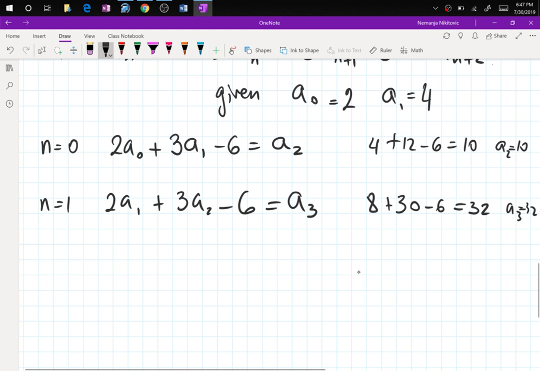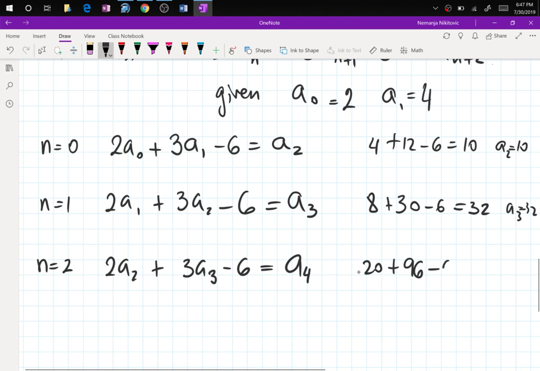And the last one I'm going to calculate because I'm bored now. N equals 2 is 2a2 plus 3a3 minus 6 is equal to the next term, which is after a3 is a4. Well, you have a3, that's 32. You have a2 is 10. So 20 plus 96 minus 6 is 110.